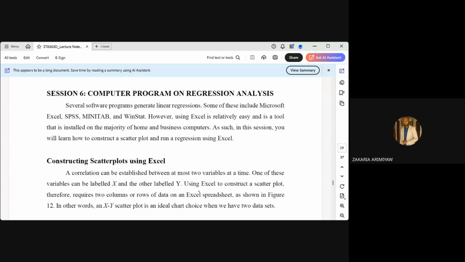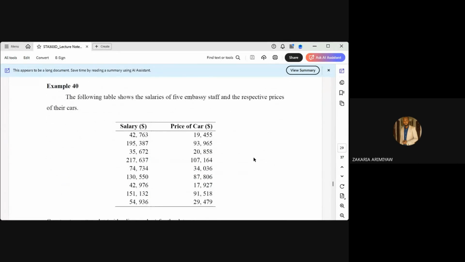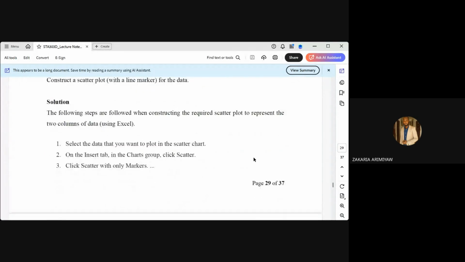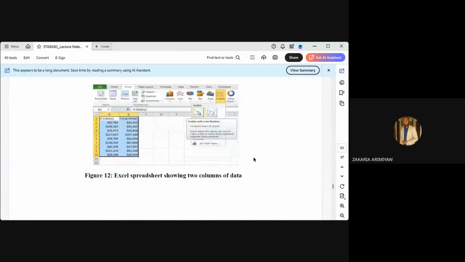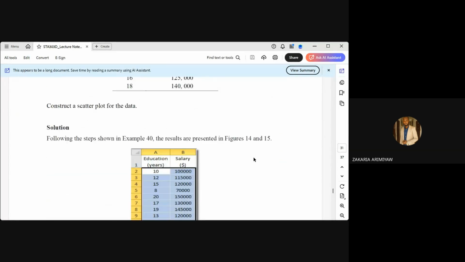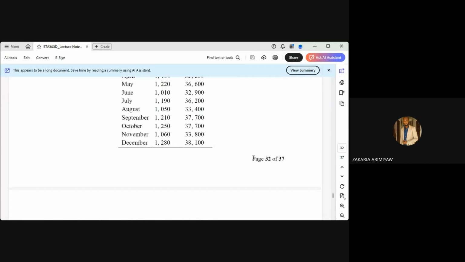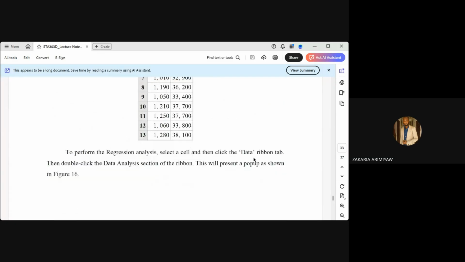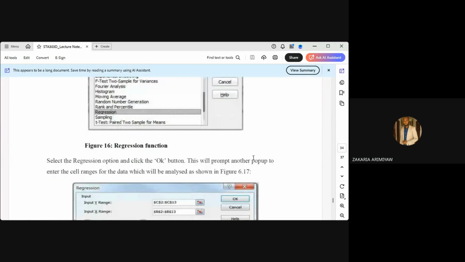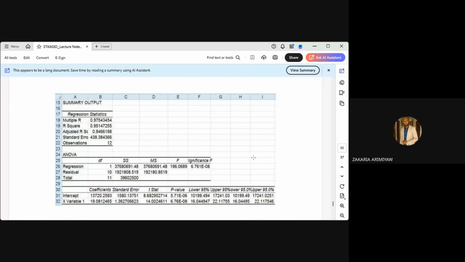So let me give you this. For example, if you use Microsoft Excel to analyze your data, I'm just going to show you how the results will look, so that when you come across it, you'll be able to make head and tail out of it.